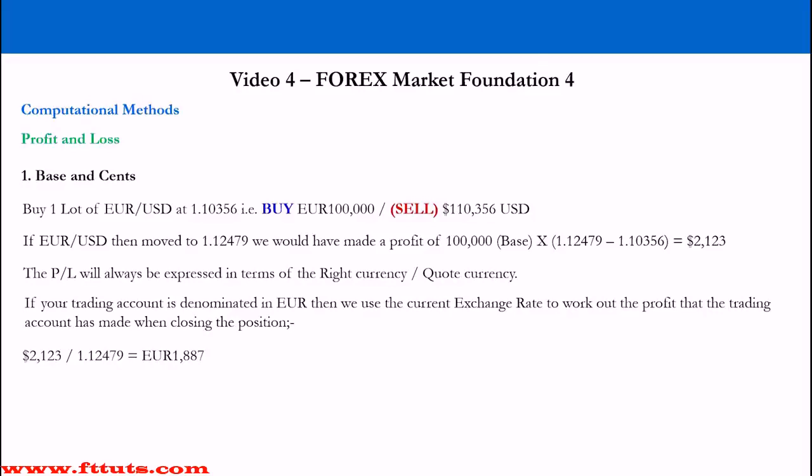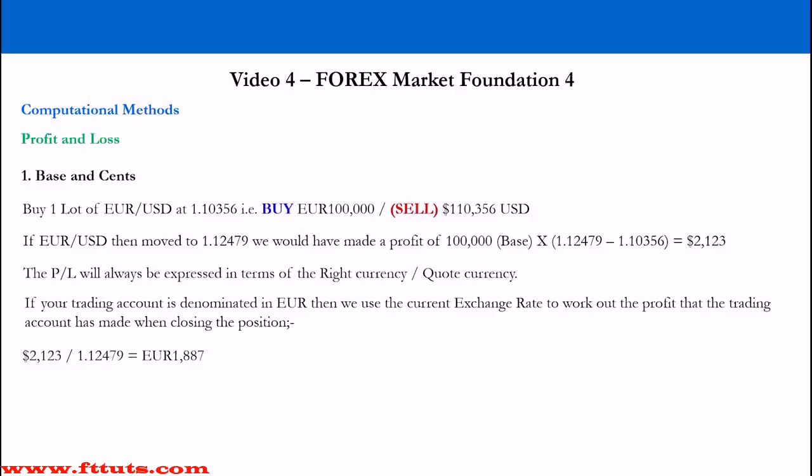Now, if the euro dollar exchange rate moves to 1.12479, we would have made a profit of 100,000, the base currency, times the difference between the price that we sell at and the price that we buy at. If you work that out, it comes out as $2,123.